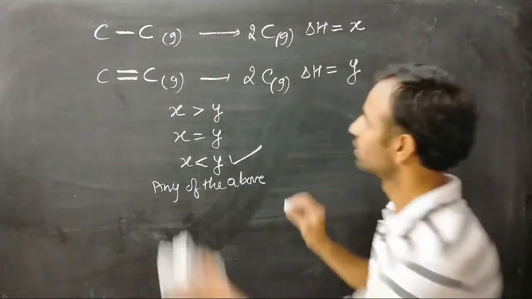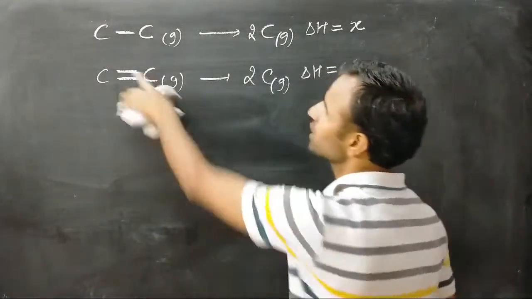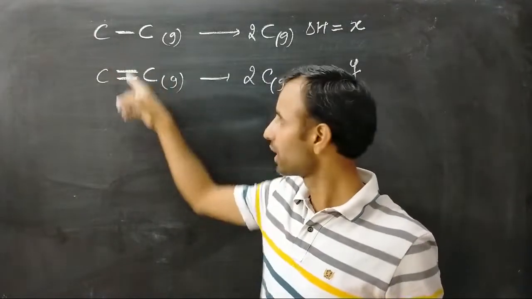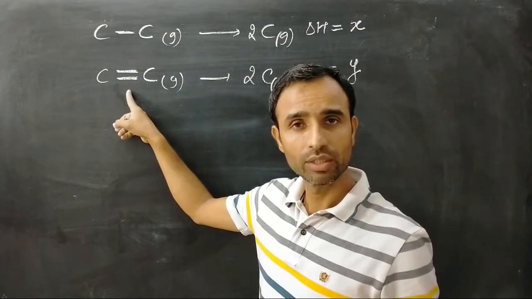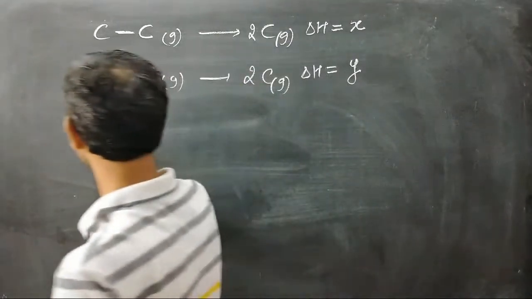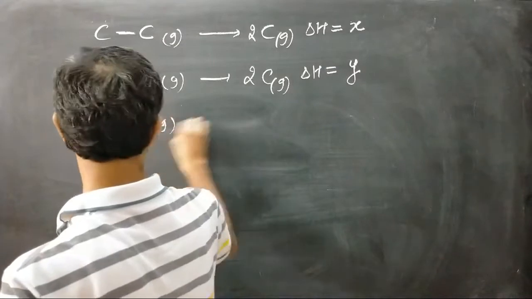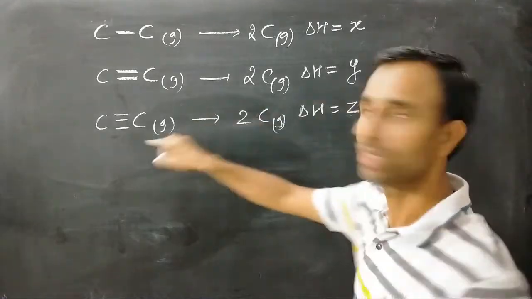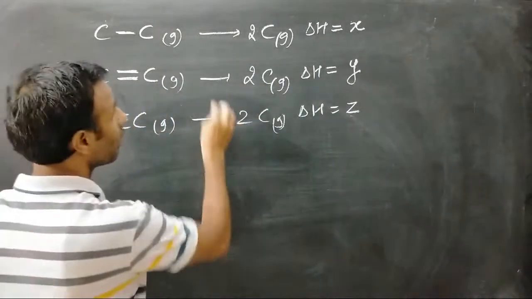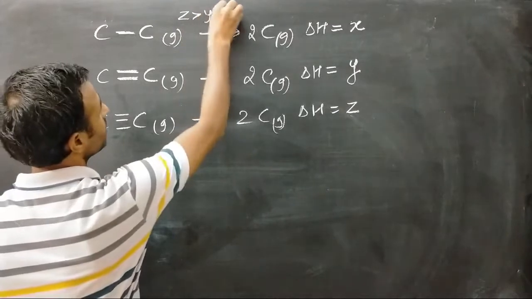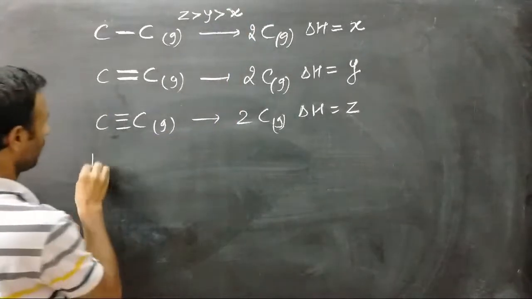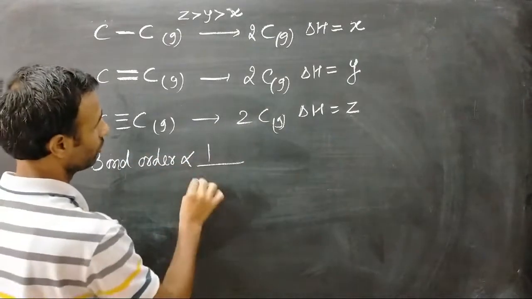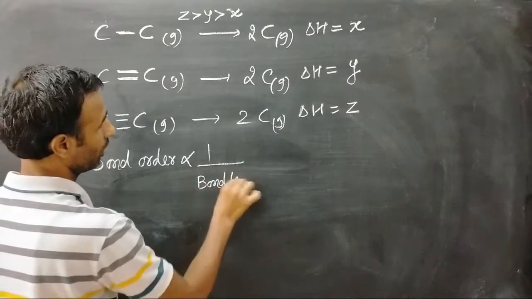The relation is, say, number of bonds means bond order. Single bond means bond order is 1. Double bond order is 2. Triple bond order is 3. And Z is greater than Y, Y is greater than X. Now see, bond order is inversely proportional to bond length.